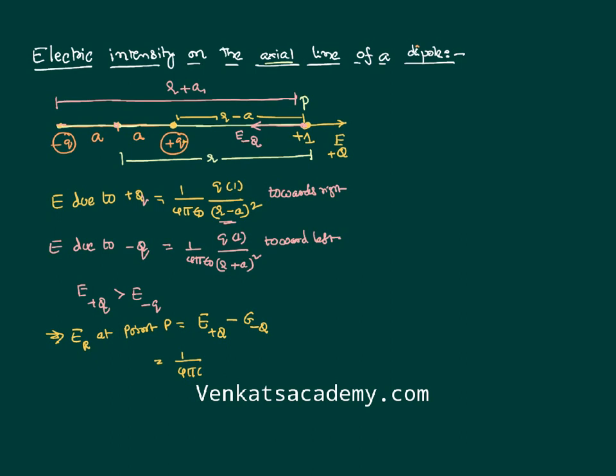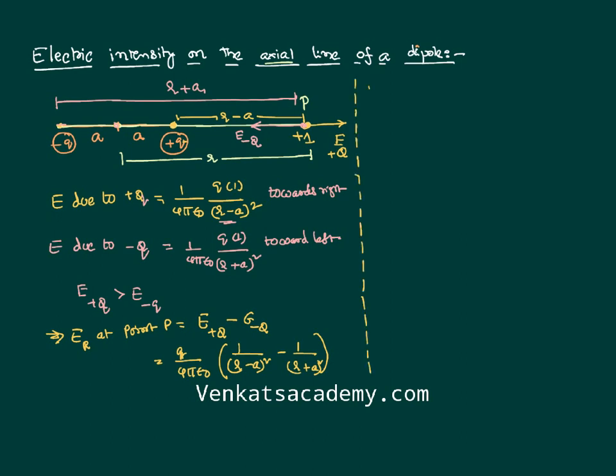I know both the values, so I can write in common. 1 by 4 pi epsilon naught is common, Q is also common. What remains is, in the first term, (R minus A) whole square, whereas in the second term, (R plus A) whole square. We need to simplify this equation further to get the answer.